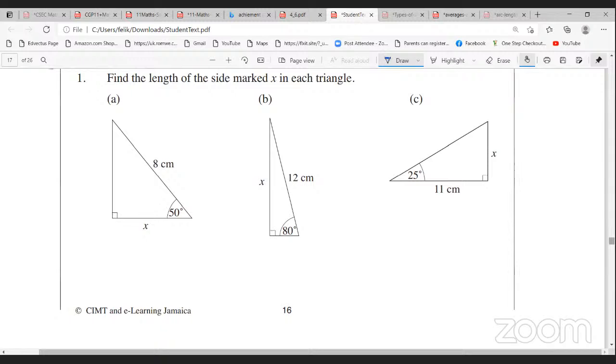All right, so for the first one, go ahead and label the triangle. After you label the triangle, it's going to tell you which trig ratio to use. Label the first triangle on screen, Peter.